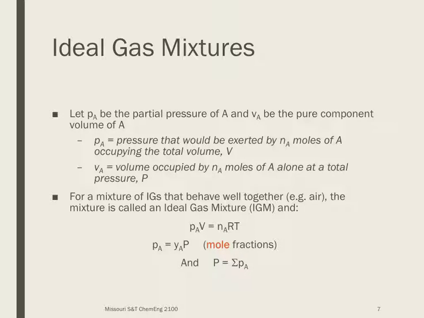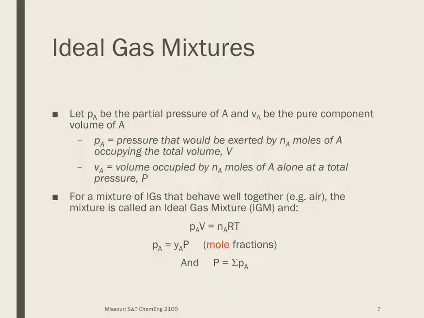V sub A is the volume that just A takes up in this gas mixture. The partial pressure, P sub A, is the pressure that would be exerted by the number of moles of A that are in this mixture, if that A got to take up the entire volume.